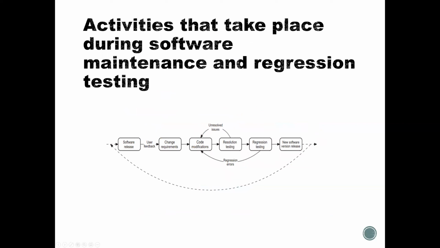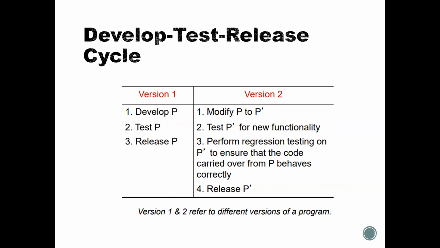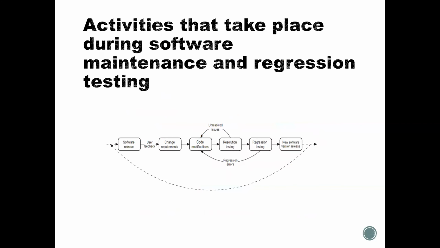Okay, so we also have this activity diagram, where initially we saw this develop, test, release cycle. We can also understand the same cycle of activity which takes place during testing. If you see figure 1 on your slide, this figure talks about the maintenance phase, once the software is released for use.